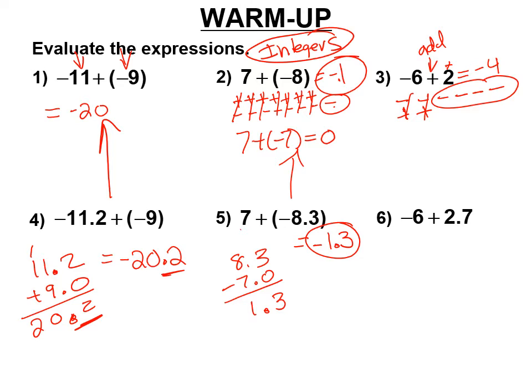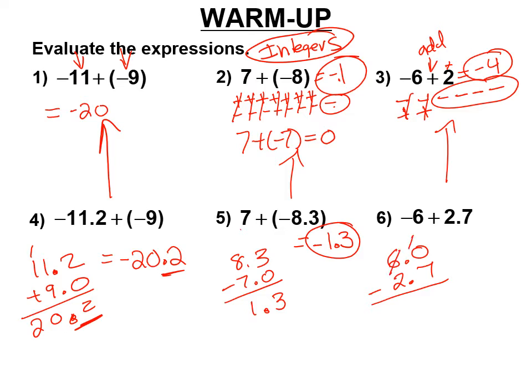And lastly, the one above it, we got negative 4. So here we should get around there. You have to put the one with the bigger absolute value up top, not necessarily the bigger number. So 6 goes up top. We're going to take away 2.7. We're going to line up our decimal points and add a 0 there to line everything up.